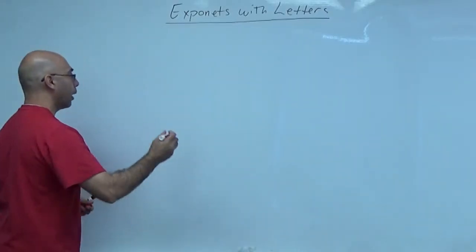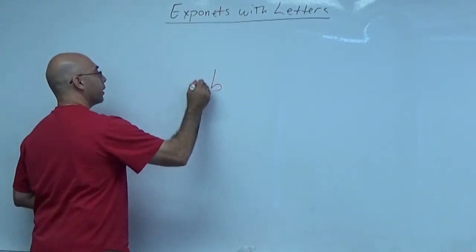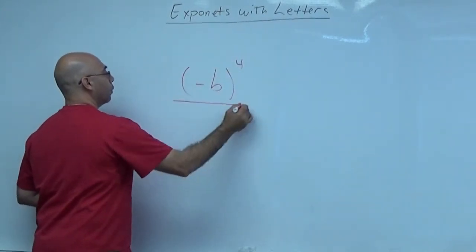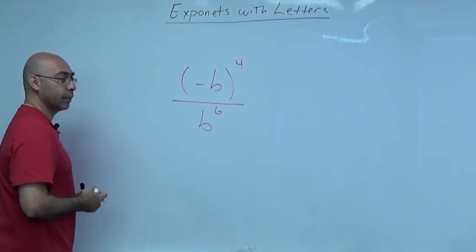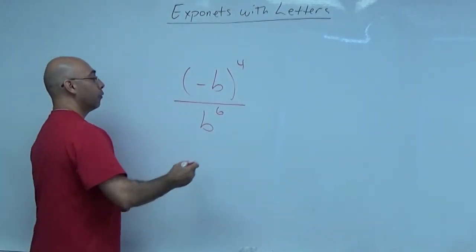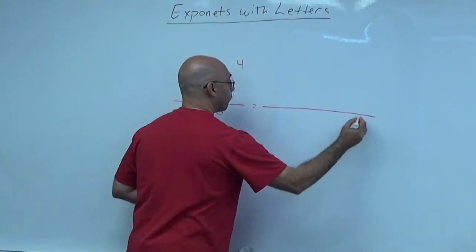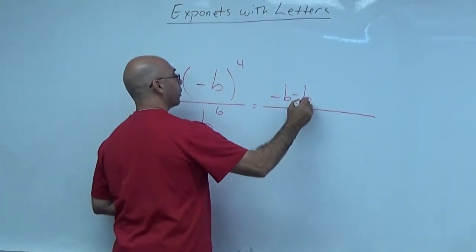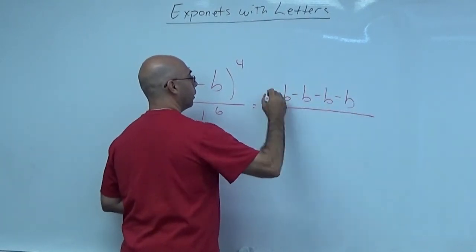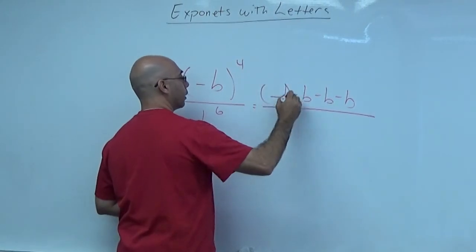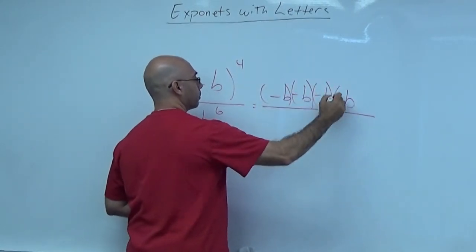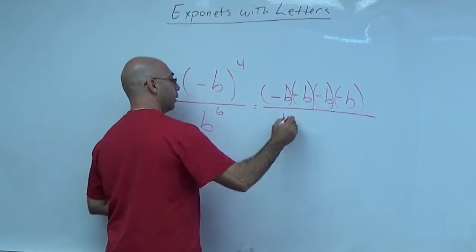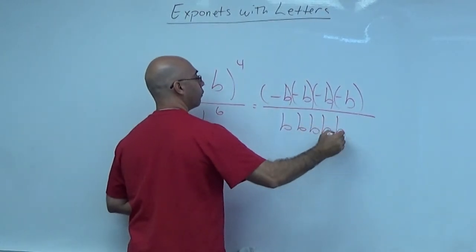If I were to rewrite the problem as, negative b to the 4th power over b to the 6th power, say. If I were to rewrite this whole thing, negative b, negative b, negative b, negative b, and these are all being multiplied. I should probably do that so it doesn't look like they're subtracting. And this is 1, 2, 3, 4, 5, 6.